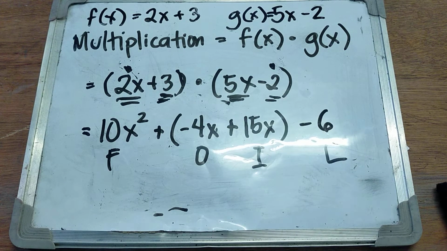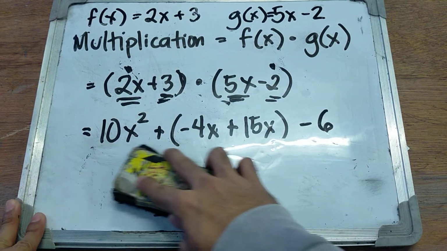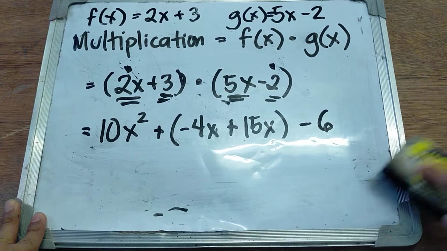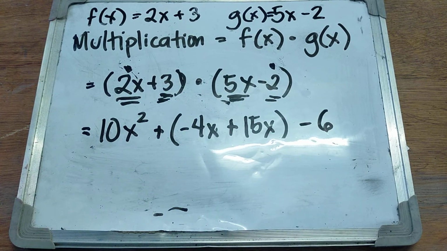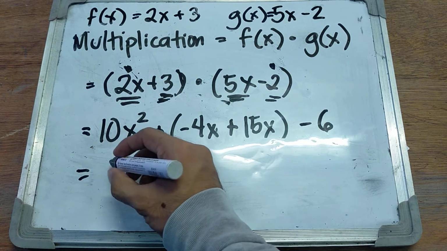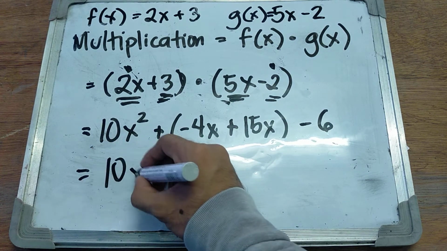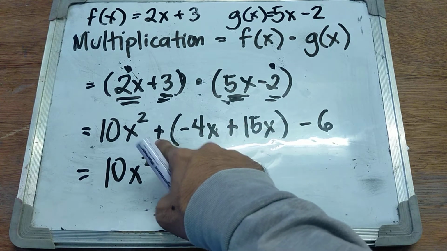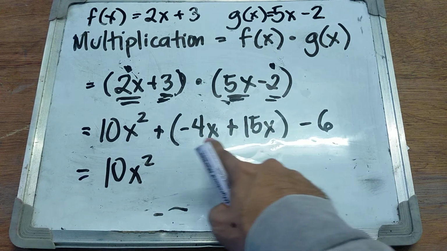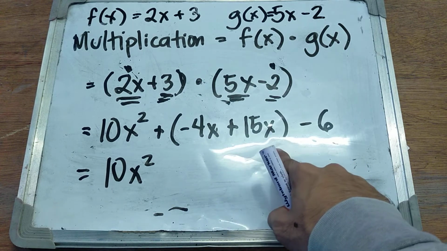Okay? And the last process here is to add or to operate the results here inside the parentheses. So, I'm going to copy 10x squared. Okay? And then, this symbol will depend on what will be the result here inside of the parentheses.